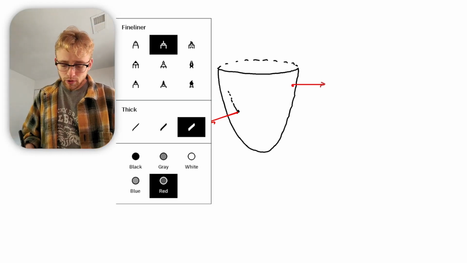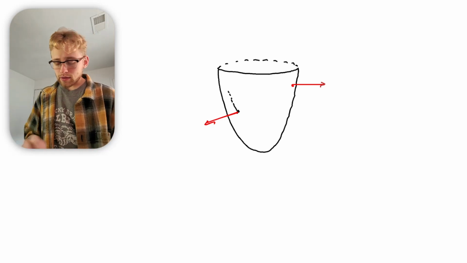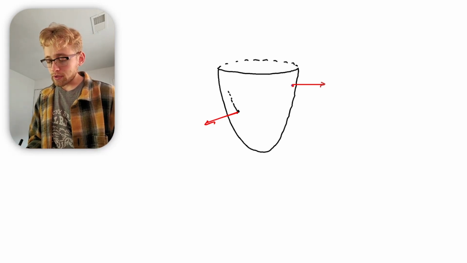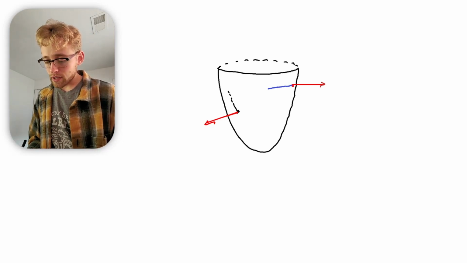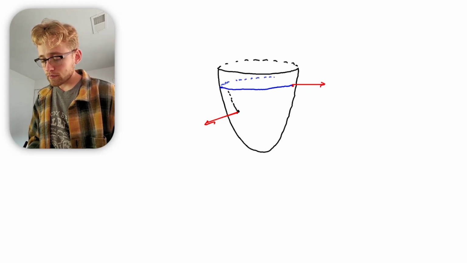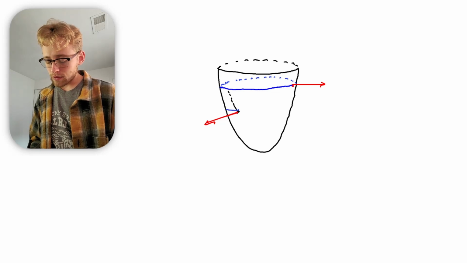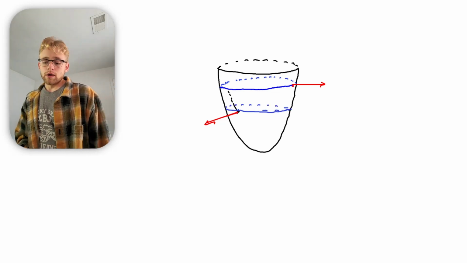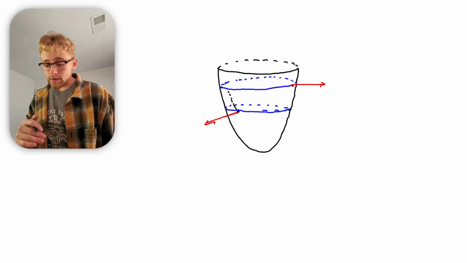Now, I skipped over level curves, so let's go back and draw some level curves for these points. If we didn't want to go uphill at all, we'd trace a path around here. And there's our level curve for each of those points.